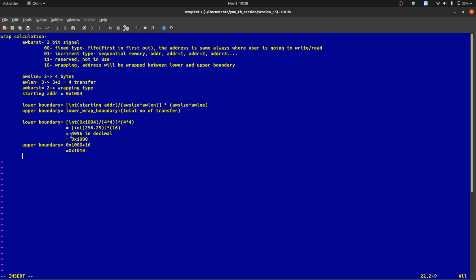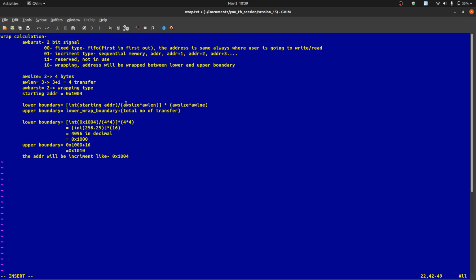Now we can see how the address will be executed, in which increment order. First of all, our starting address, 0x1004, right?